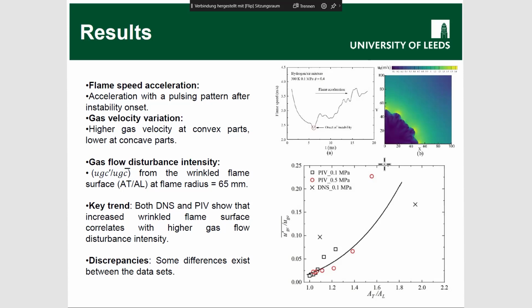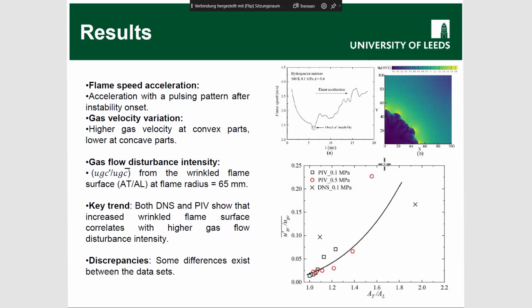We can see the higher gas velocity at the convex part, marked in yellow, and the lower gas velocity at the concave parts, marked in blue or green. And then we also put forward a parameter, the gas flow disturbance intensity.